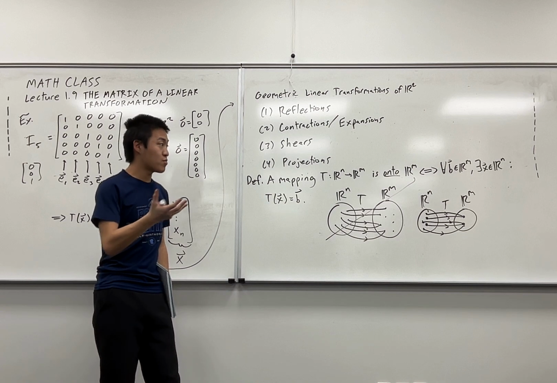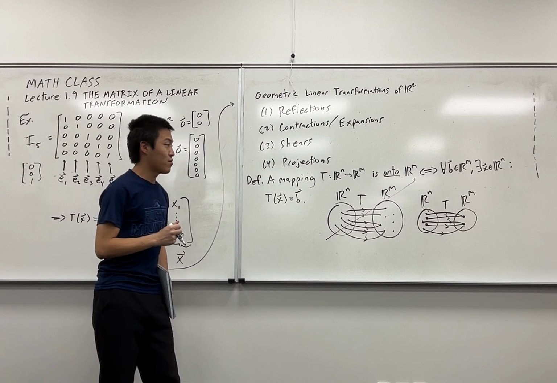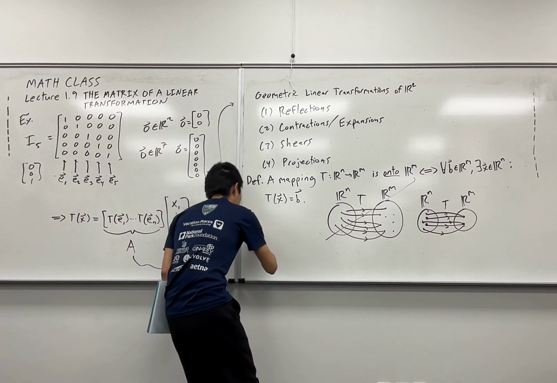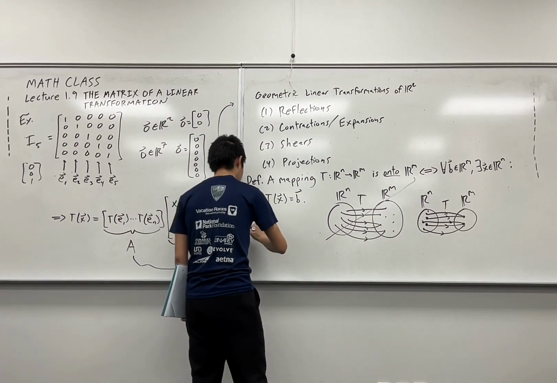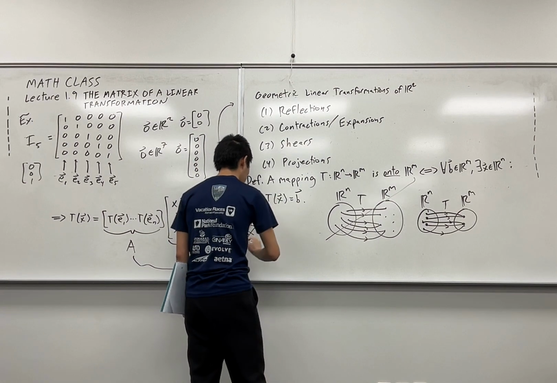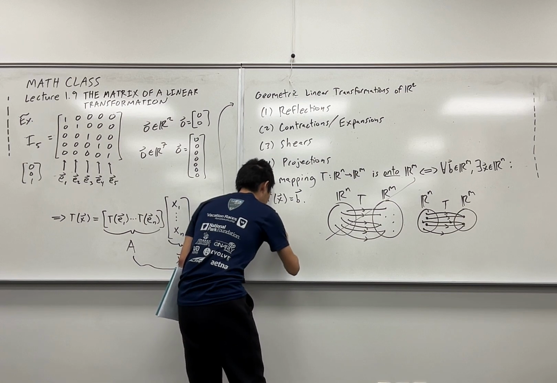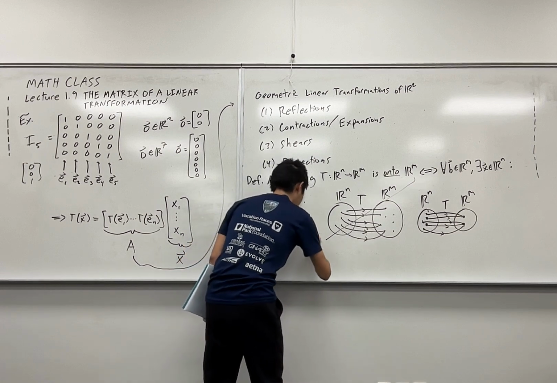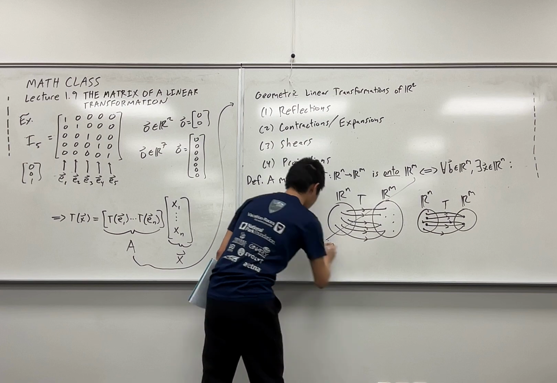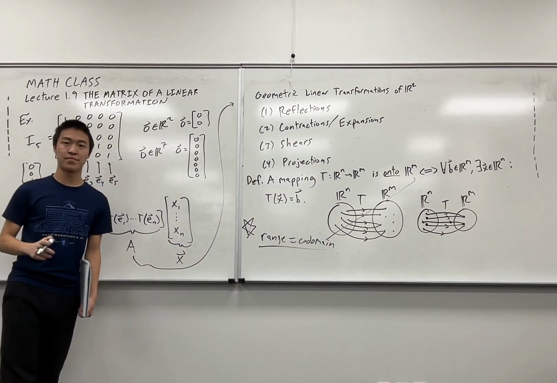So the range will coincide with the codomain. That's another thing you can think about for onto: the range and the codomain are equal to each other.